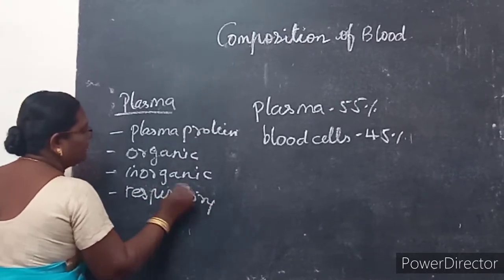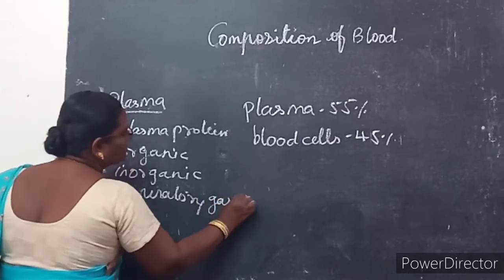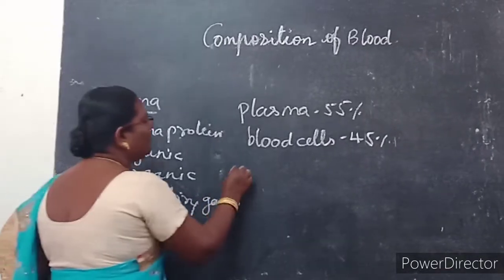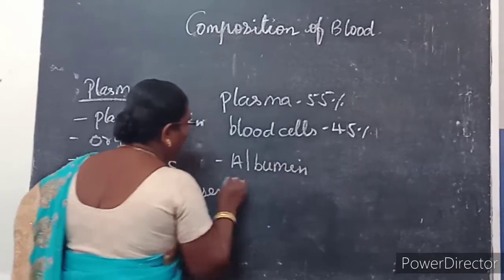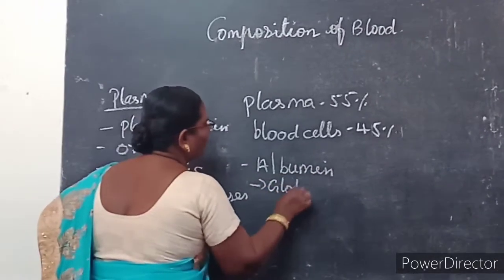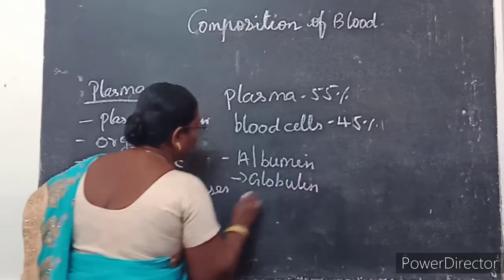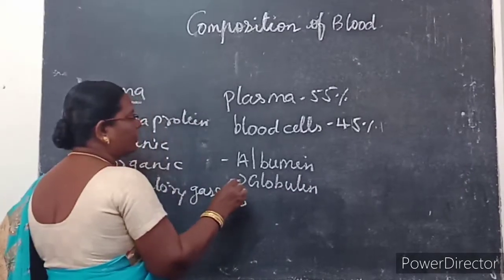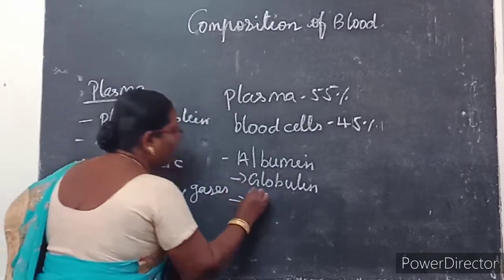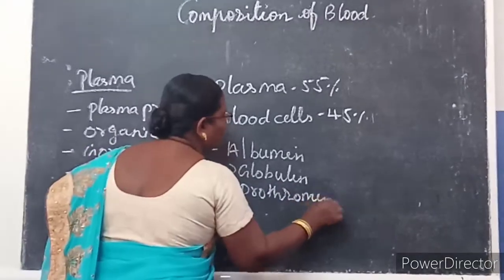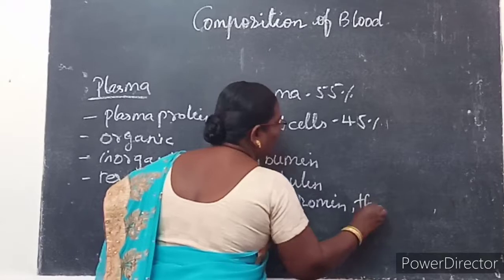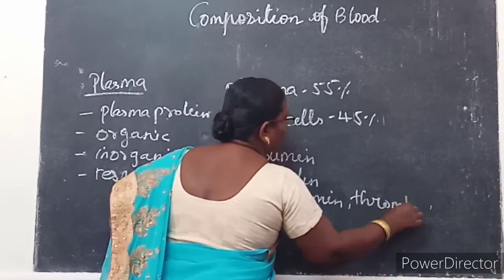There are four types of plasma proteins: albumin, globulin, prothrombin, and thrombin. Say the terms: albumin, globulin, prothrombin, and thrombin.